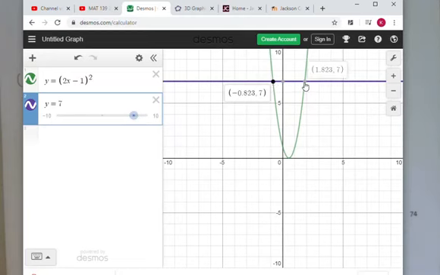You can see those two intersection points, which were the same values that we got by hand, the negative 0.823 and the 1.823. And because we did want this square to be less than 7, we want the green parabola to be below the line. Notice that happens in between those two points, and therefore my solution did turn out to be in between these two x values.